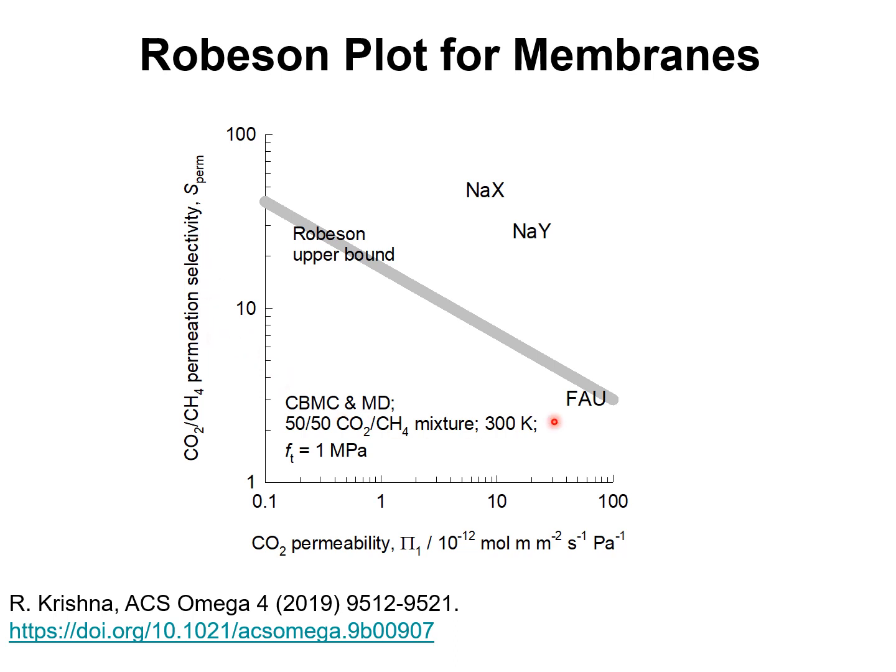However, we note that the permeability, which is related to the mobility within the membrane, is reduced by about 1.5 orders of magnitude in going from faujasite to NaY to NaX. And therefore, there is a trade-off between permeability and permeation selectivity in choosing the right silicon-aluminum ratio to be used in membrane constructs.